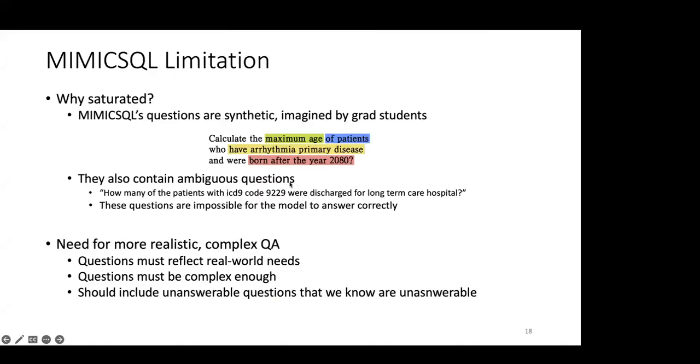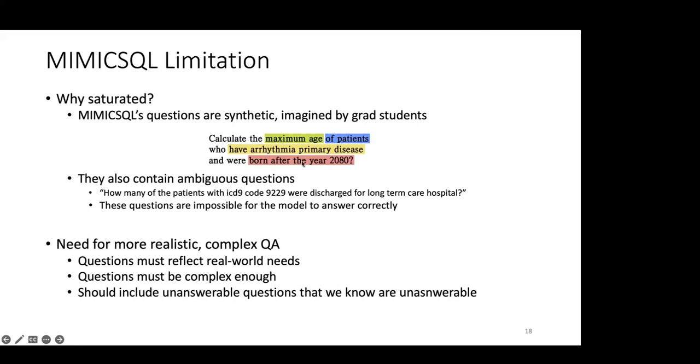The reason that we got the perfect score so fast is because the questions are synthetic and were imagined by grad students. If you read this question, this is an actual sample that we got from the MIMIC SQL dataset. It says it calculates the maximum age of patients with yada yada. So basically, this is a made-up question.